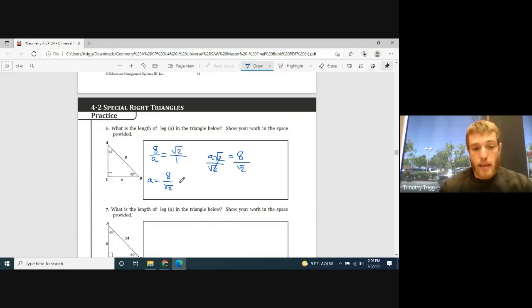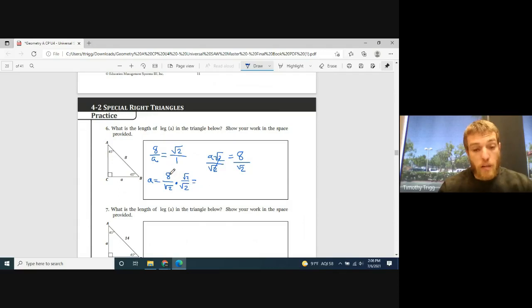Now, generally speaking, we don't like square roots in the denominator. So when you see a square root in the denominator, we're going to multiply by that square root on top and on bottom. We need to do this rationalization. I know it's a pain, but the answers on the test will make it so you have to do this.